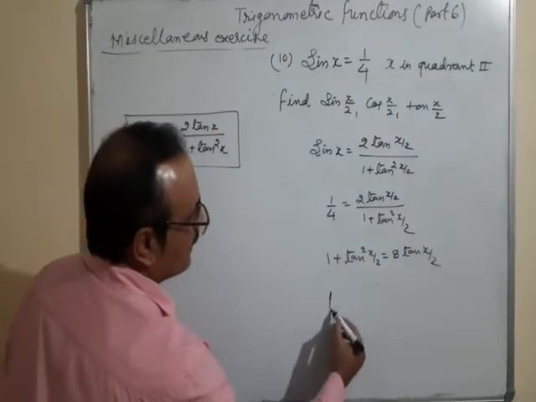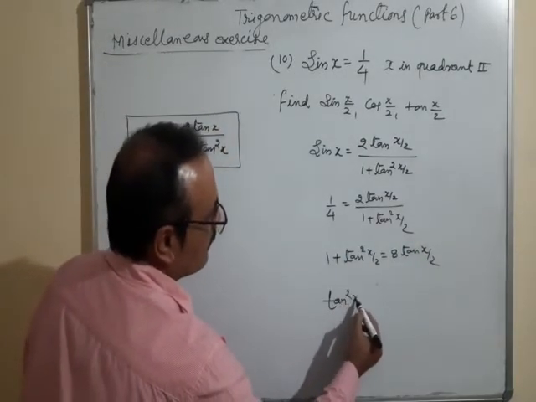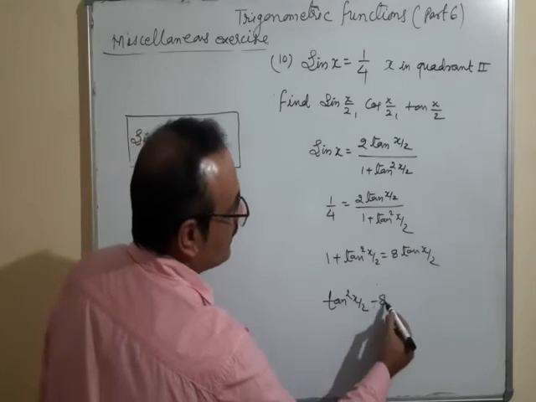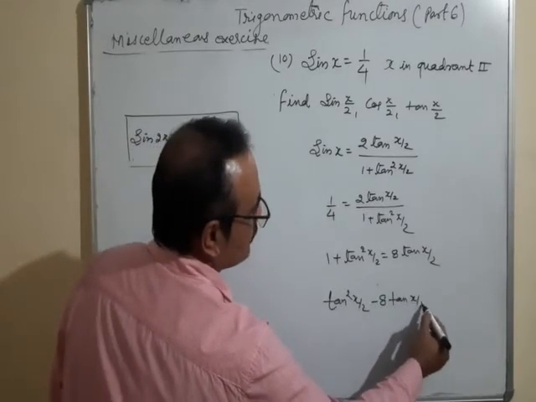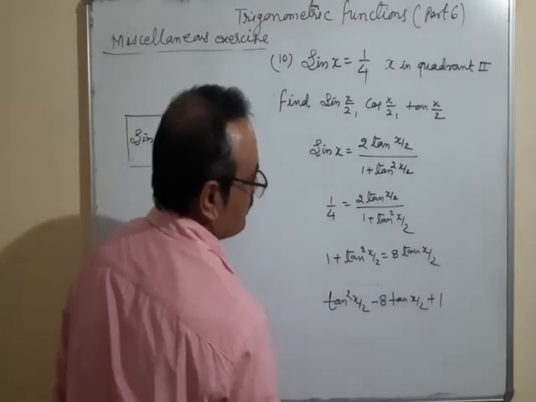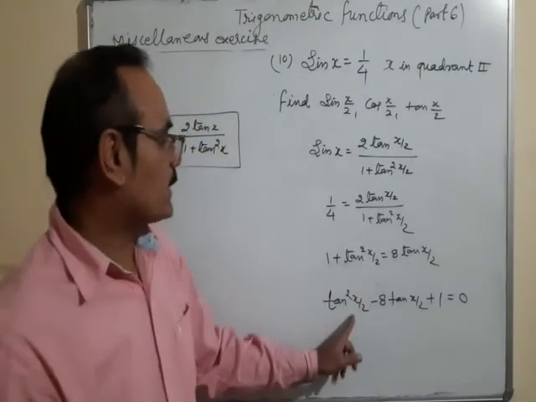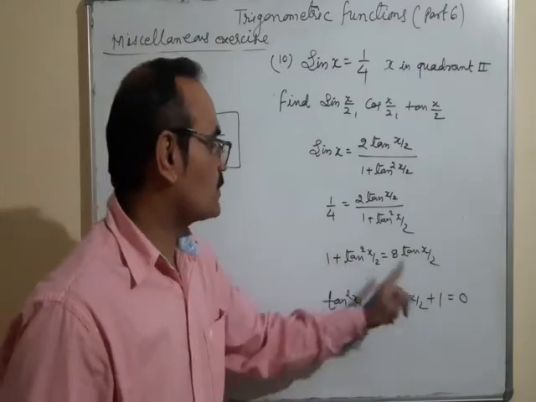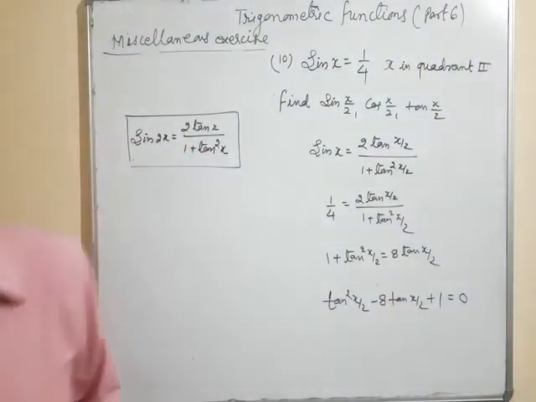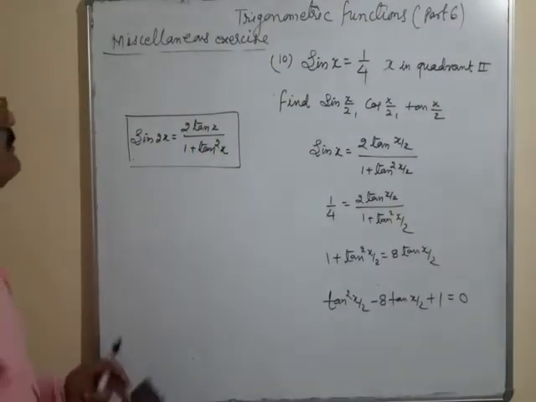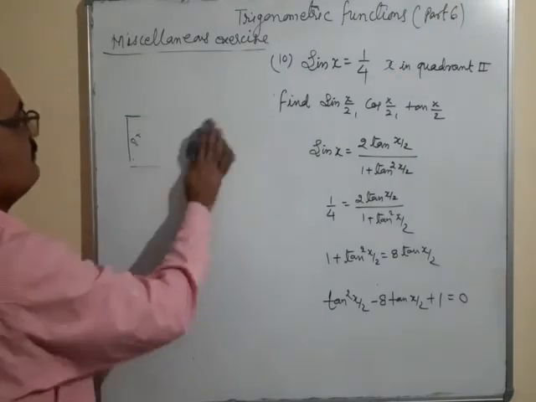Shifting all the terms here, tan square x by 2 minus 8 tan x by 2 plus 1 is equal to 0. Is it okay? Tan square x by 2 minus 8 tan x by 2 plus 1 is equal to 0. This is a quadratic equation in the trigonometric form. Okay.